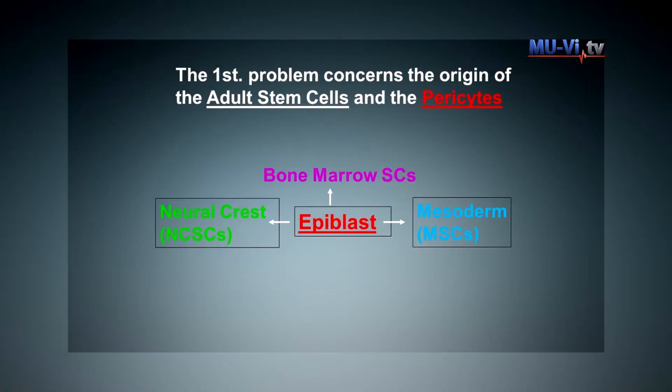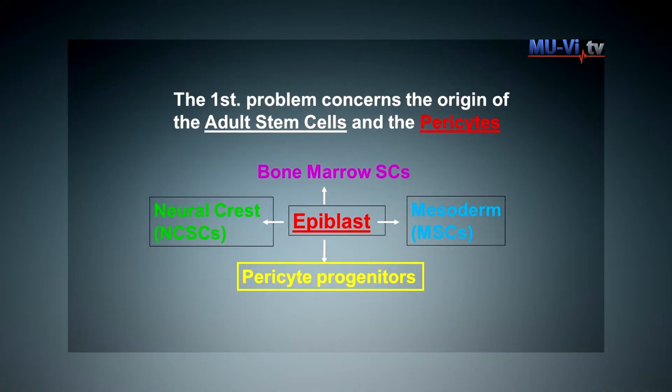I would like to show you some of these. The first problem concerns the origin of the adult stem cells and the pericytes. At this time, more origins of these structures are discussed: the mesoderm or the mesenchymal stem cells, the bone marrow, and the neural crest.